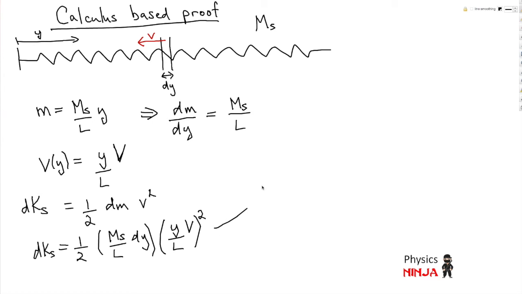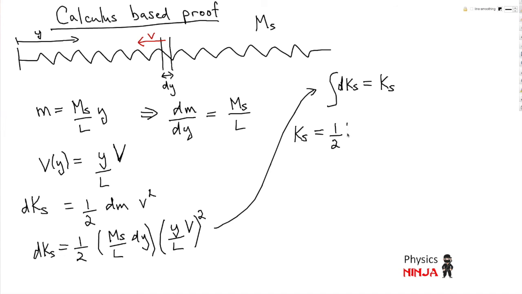At the end, really what you want to do to get the total is you need to integrate each one of these tiny contributions. That's going to give you the total spring kinetic energy. Okay. So in this case, the total spring kinetic energy, if I add all of those contributions, let me factor out all the constant terms first.